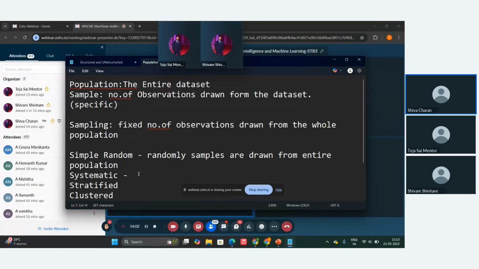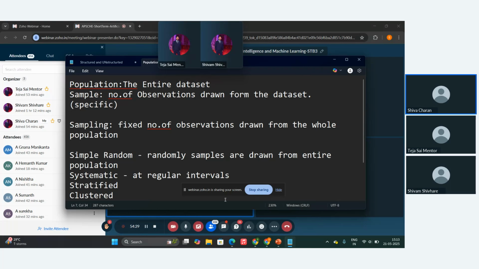At every two, we are considering one person, so we consider every second person in the line. That is what regular intervals means. Systematic sampling is nothing but sampling at regular intervals.